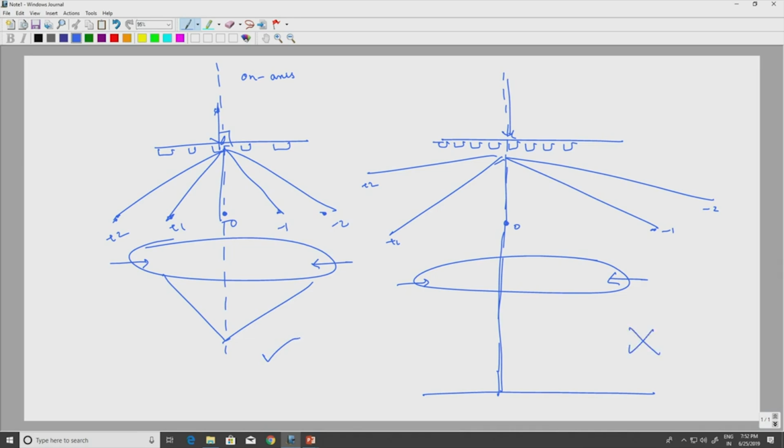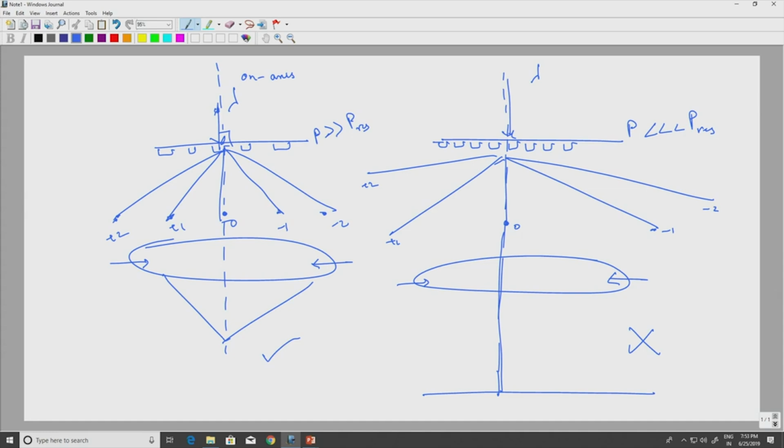What can you do with such a system? Because lambda is fixed in both systems, but here your pitch is much larger than the resolution limit, while here your pitch is smaller than the resolution limit. Then you will say, okay, I cannot print this particular pitch anymore. So this is my limitation of the system.